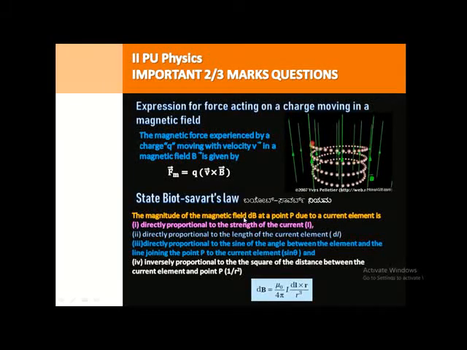Totally we can write dB, magnetic field dB is equal to mu naught by 4 pi I dl cross r divided by r cube.